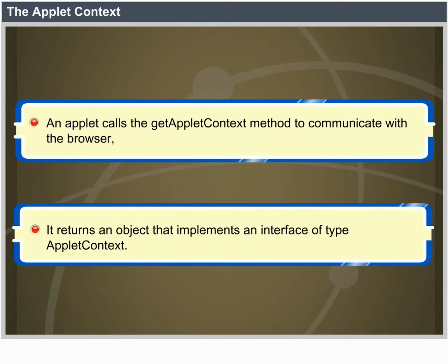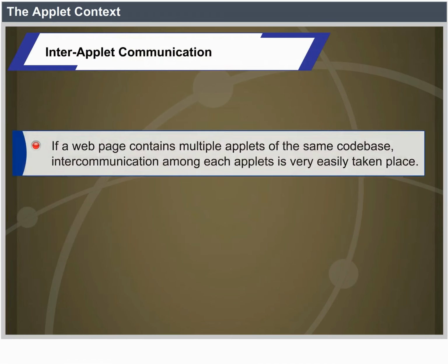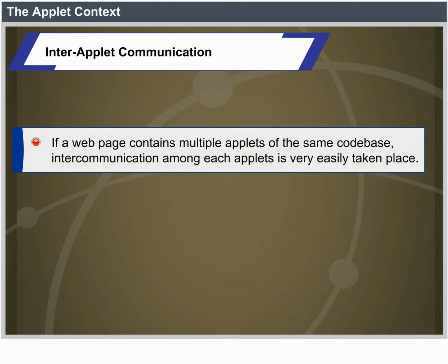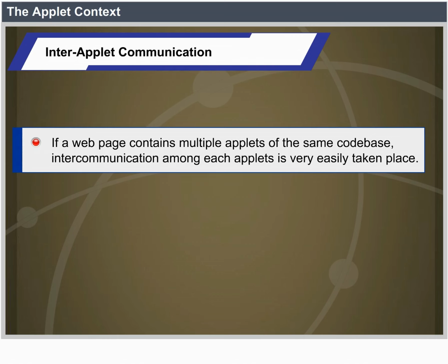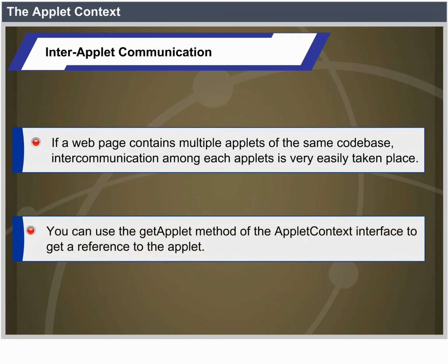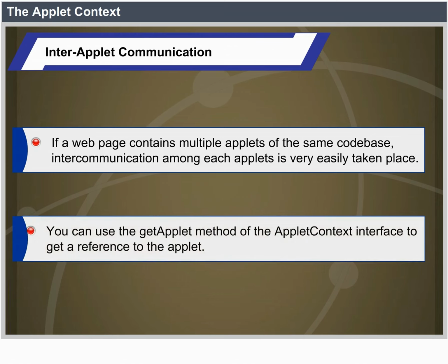It returns an object that implements an interface of type AppletContext. Inter-applet communication. If a web page contains multiple applets of the same codebase, intercommunication among the applets takes place very easily. You can use the getApplet method of the AppletContext interface to get a reference to the applet.